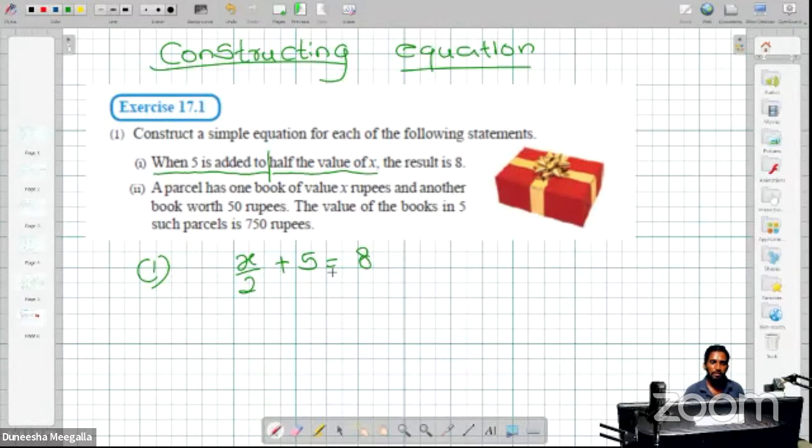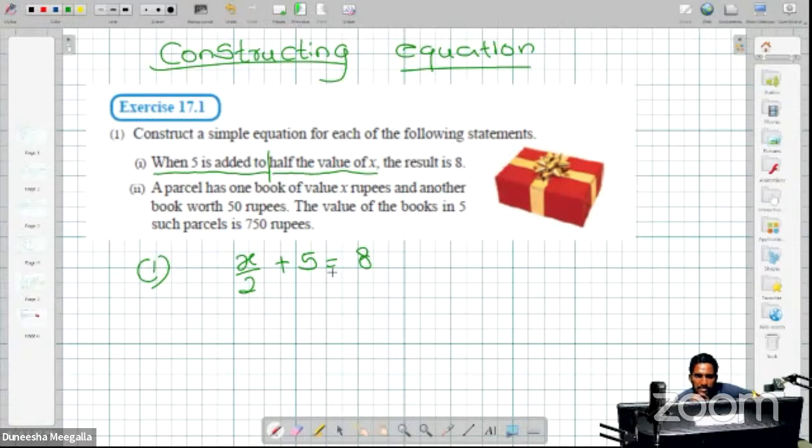Second one, a parcel has one book of value x rupees and another book worth 50 rupees. The value of the books in 5 such parcels is 750 rupees. What is the price of one parcel?